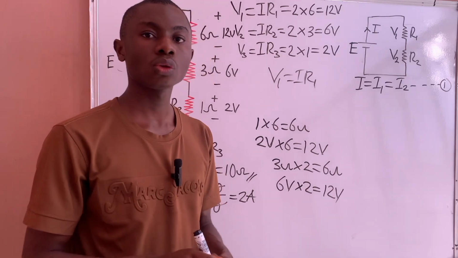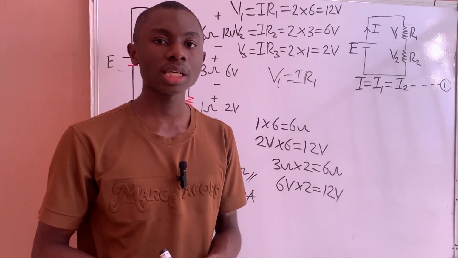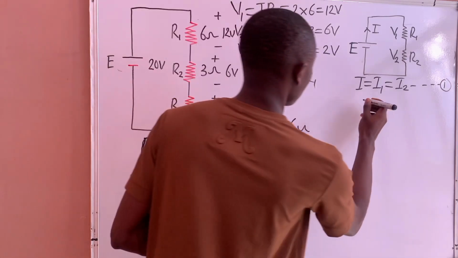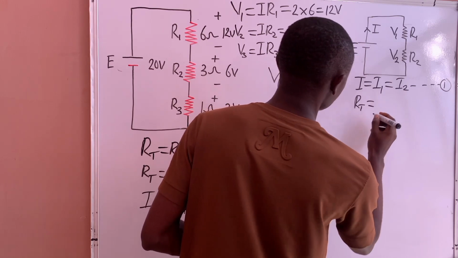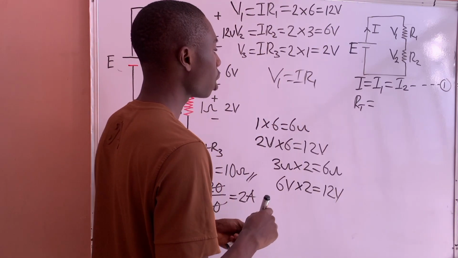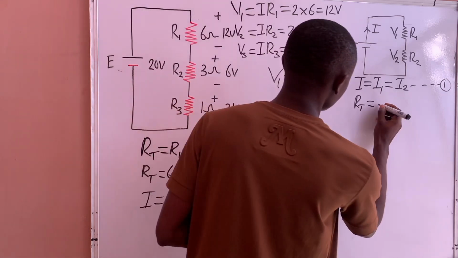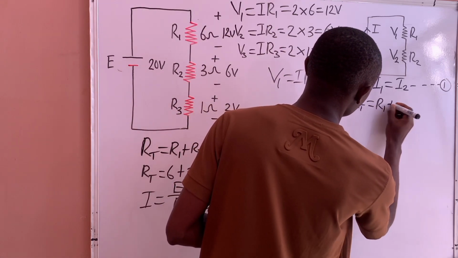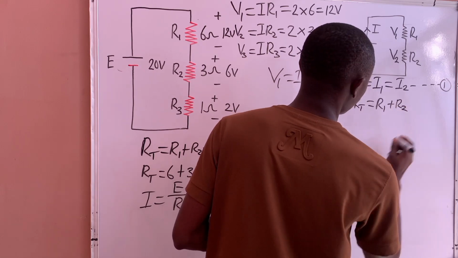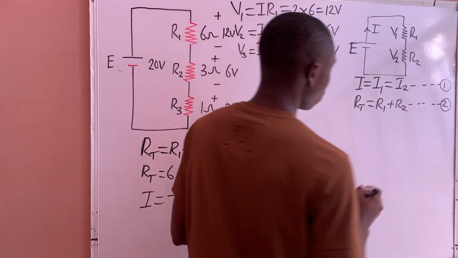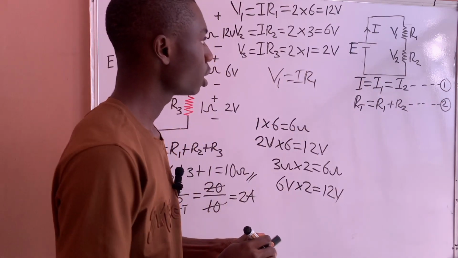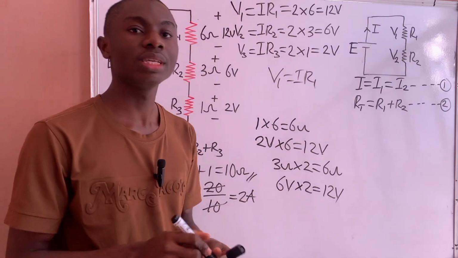Also, we know that the total resistance in a series circuit, RT, is equal to the sum of the individual resistances, R1 plus R2. We call this equation 2. We also know that the voltage in a series circuit differs.